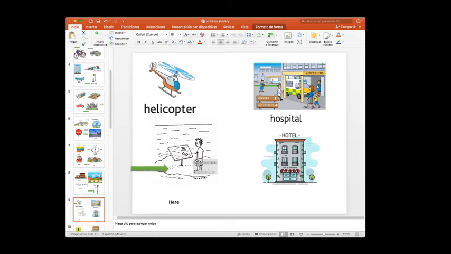For example, when you are looking at a map, you are here. Okay. Another one, when you have an emergency, you go to the hospital. Hospital. Okay. This is a hotel.